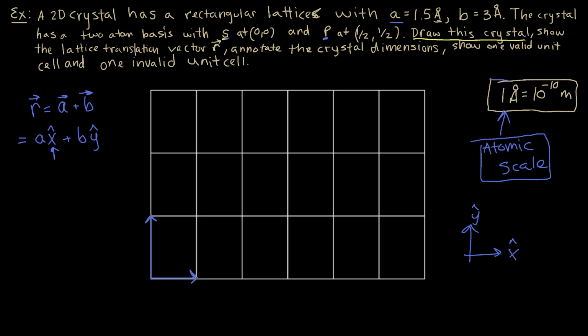So we have our two vectors here. This is A, and this is B. I should note that for this to be the general lattice translation vector, we'll have U and V as prefactors for the A and B vectors, where U and V are integers.